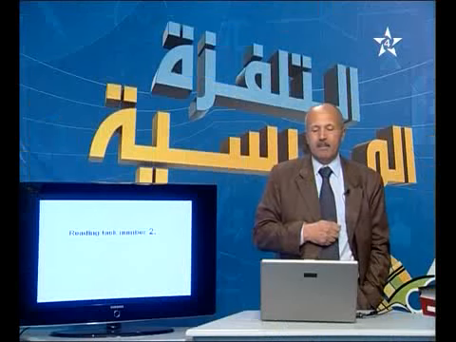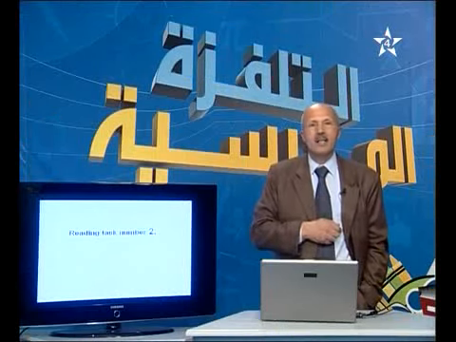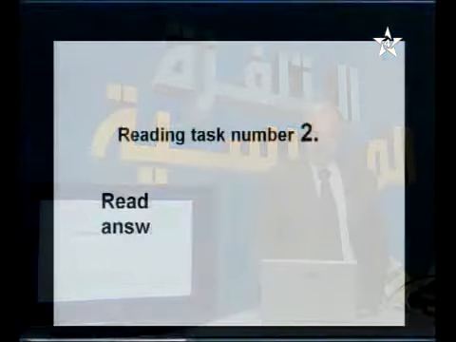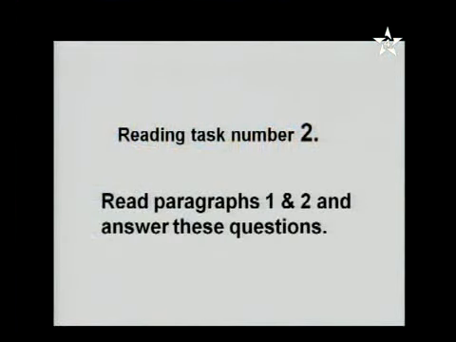Now, let's move on to the second reading task. It says reading task number 2. It says read paragraphs 1 and 2 and answer these questions. So we're going to read paragraphs 1 and 2. I'm going to give you 2 questions, and then you're going to focus on these paragraphs to find answers for these 2 questions.